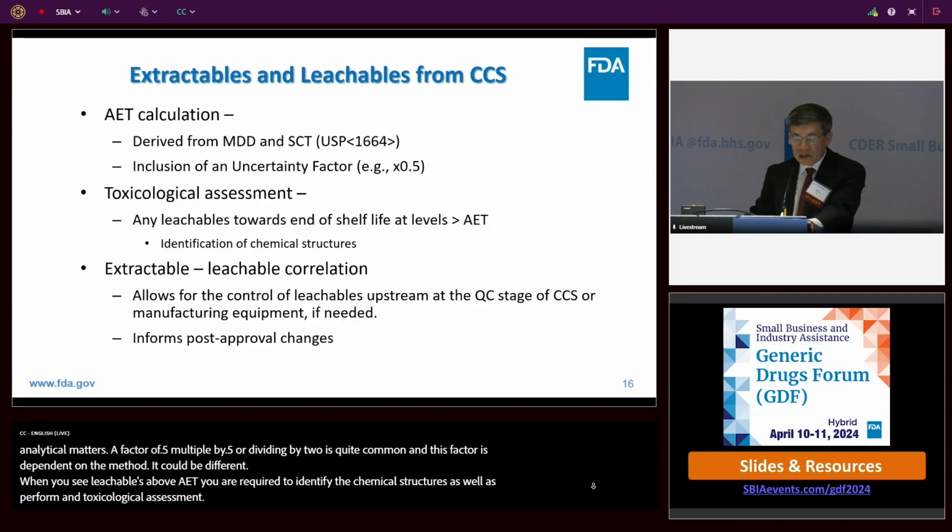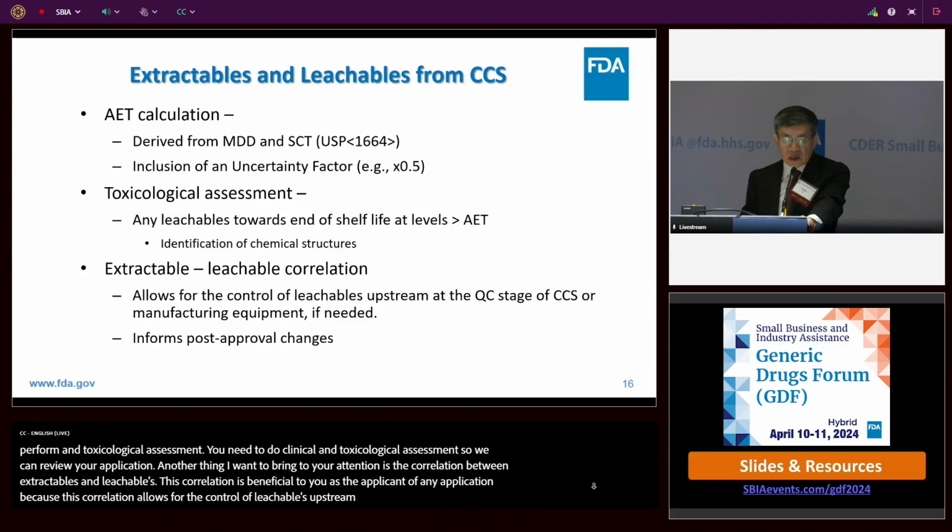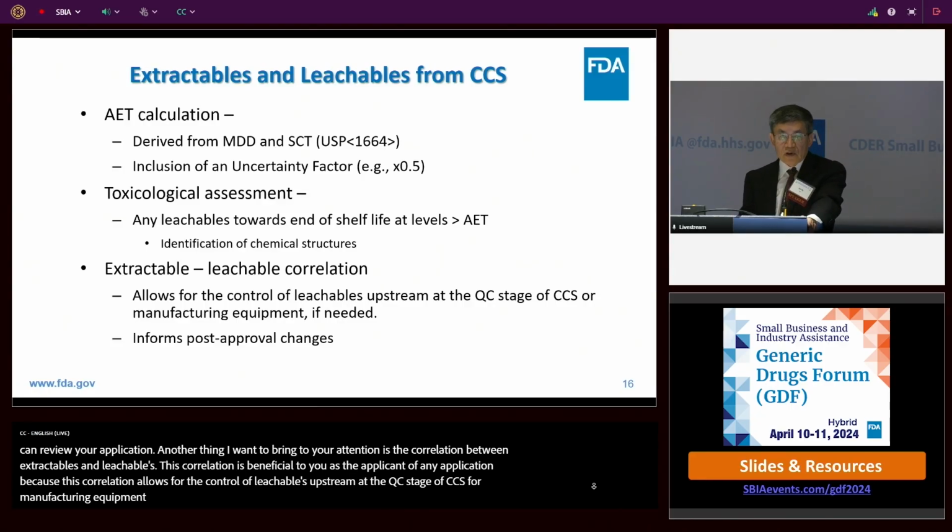Another thing I want to bring your attention to is the correlation between extractable and leachable. And this correlation is beneficial to you as the applicant of any application because it allows for the control of leachables upstream at the QC stage of CCS or manufacturing equipment. For example, if you see the leachables are approaching the tox level towards the end of product shelf life, you know that risk is higher.